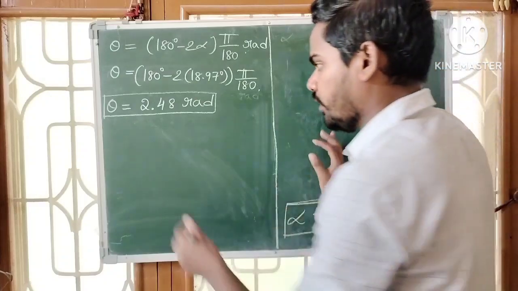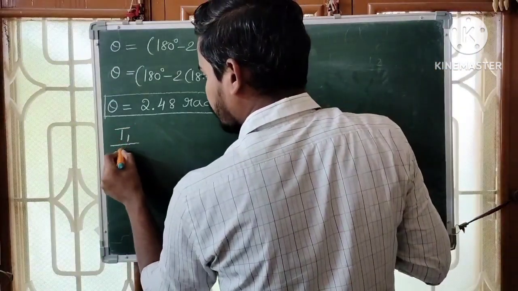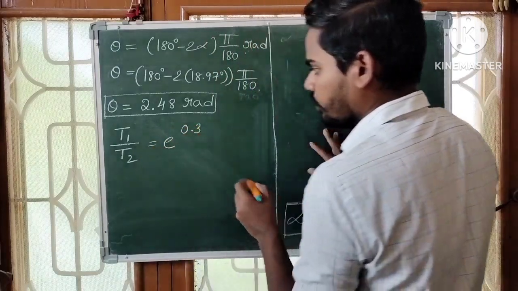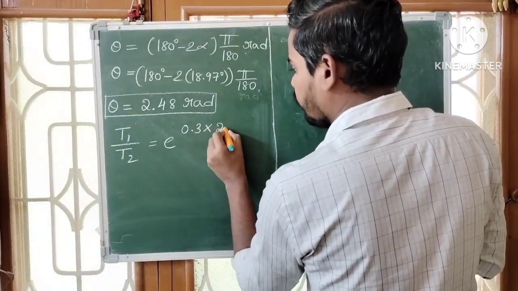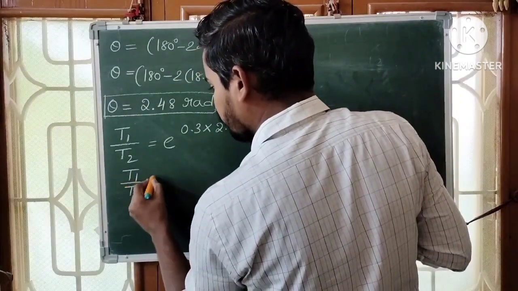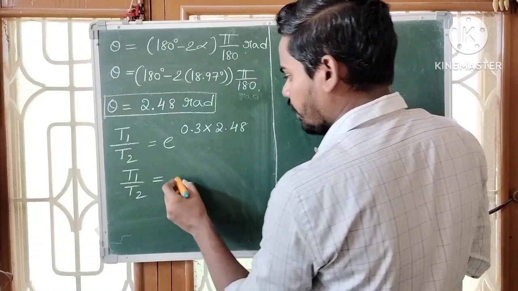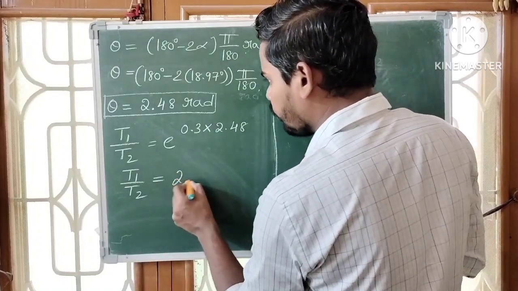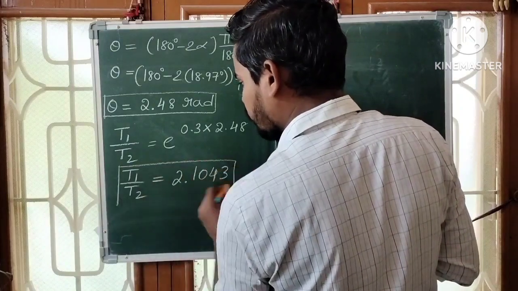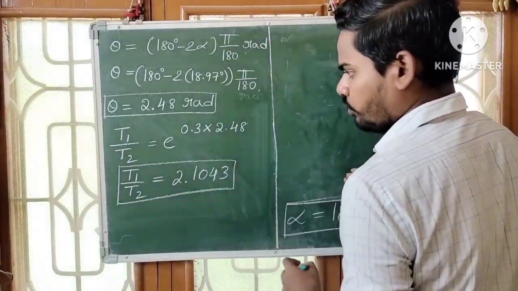Now we can find the ratio of tensions. T1 by T2 is equal to e power mu theta, coefficient of friction 0.3 into theta 2.48. If you calculate, you will get approximately 2.1043. T1 by T2 is equal to 2.1043.